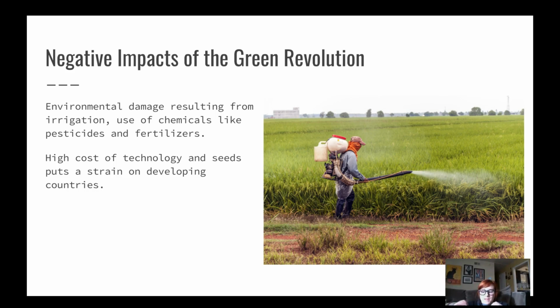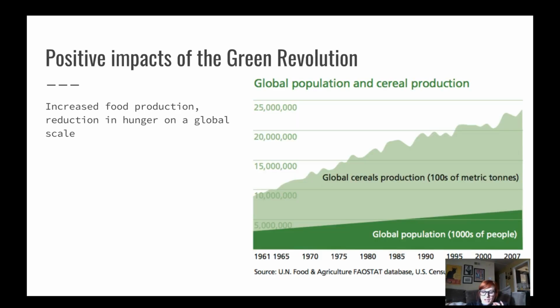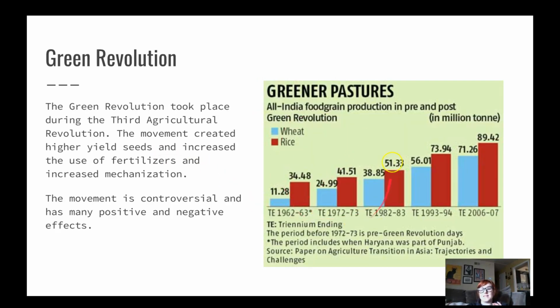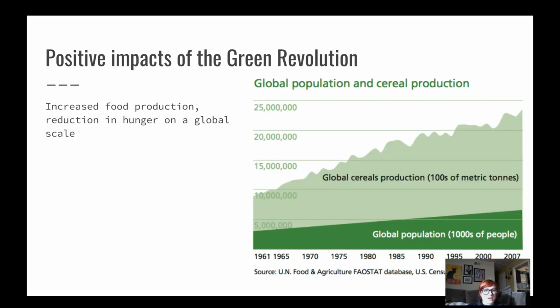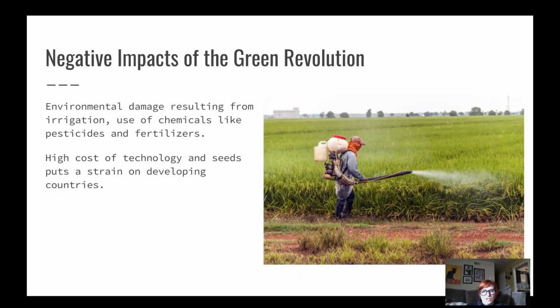Also, the chemicals that we use to do these things and these high yield seeds that we started developing are very expensive. So although it's good for India because they are creating a lot more food, it's also negative because it's not a huge economy, right? The Indian economy, for the population it has, their economy is not that great. So it puts a huge strain on their economy.